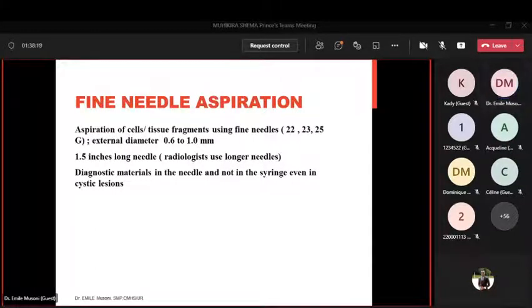Can you go back to the acetic acid screening, about the findings and the interpretation? You have said this one is your assignment. In the case of acetic acid, it is what we call the acetowhite region.